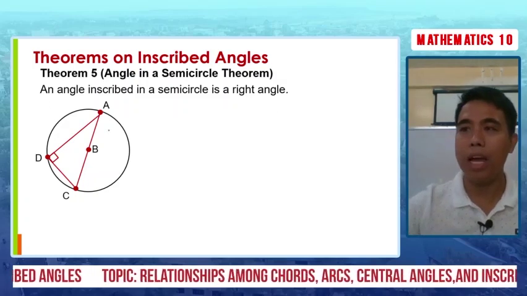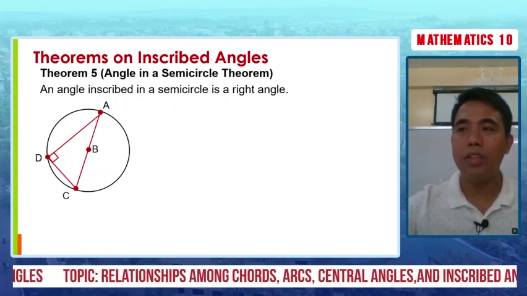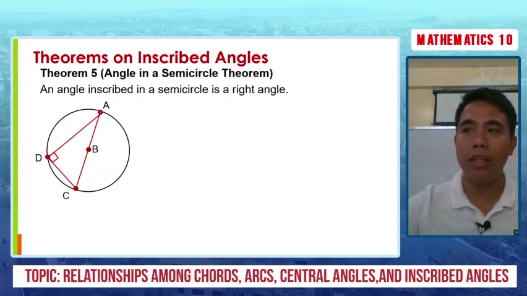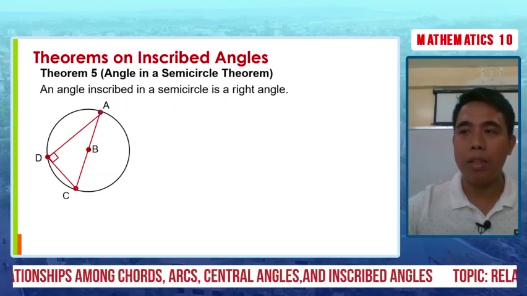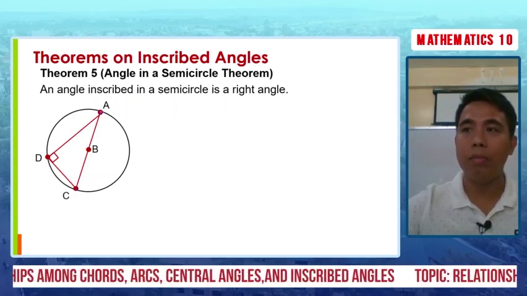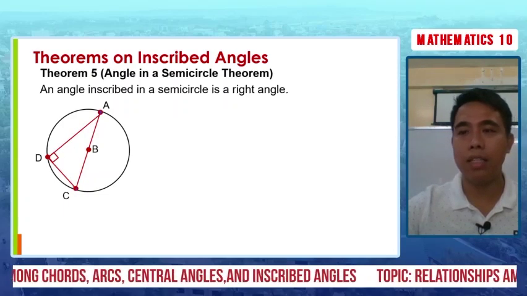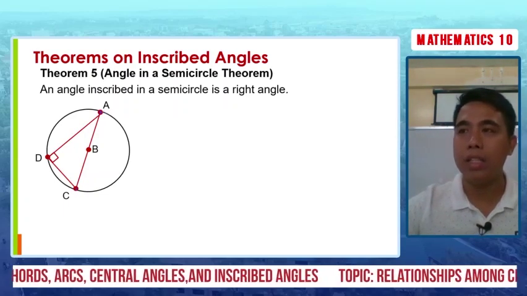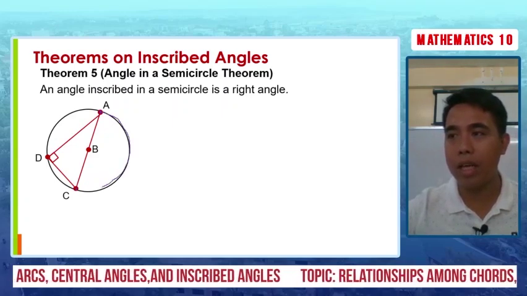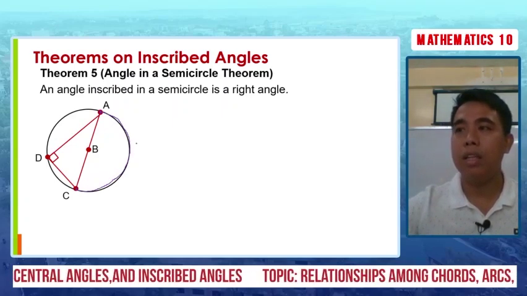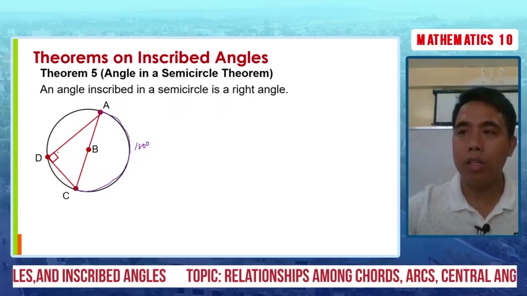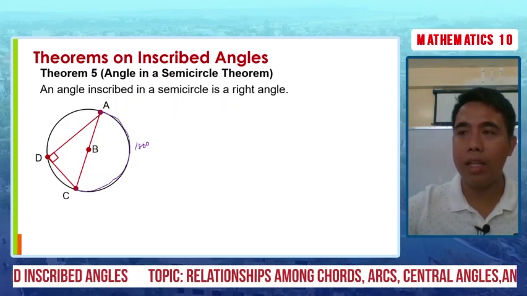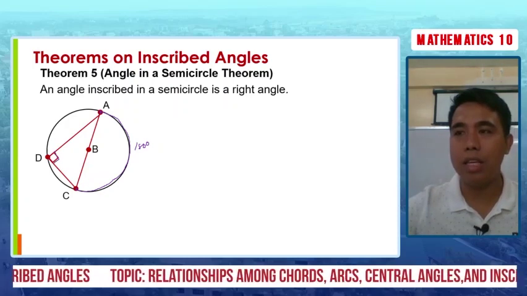So kapag may diameter tayo, and then yung inscribed angle natin ay yung endpoints ng diameter, yun yung points ng sides ng inscribed angle, intercepting a semicircle, then that is 180 degrees. Therefore, the measure of this inscribed angle is 90 degrees.